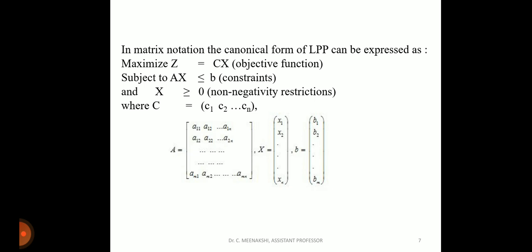Here A is the m by n matrix, that is A11, A12, etc., A1n, up to Amn. X is the vector of non-negative variables x1, x2, etc., xn. B is the right hand side constant vector, that is b1, b2, etc., bm.